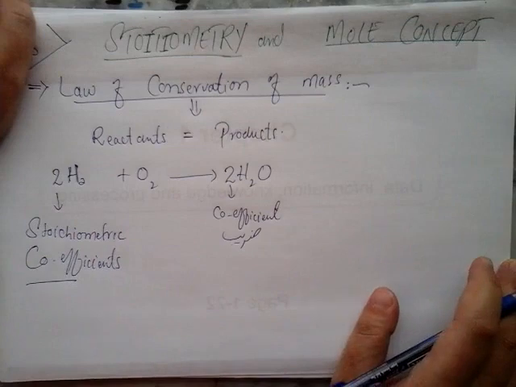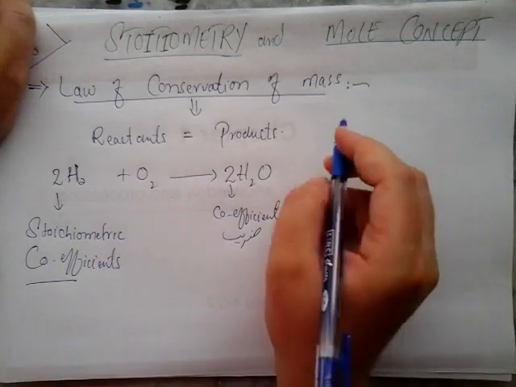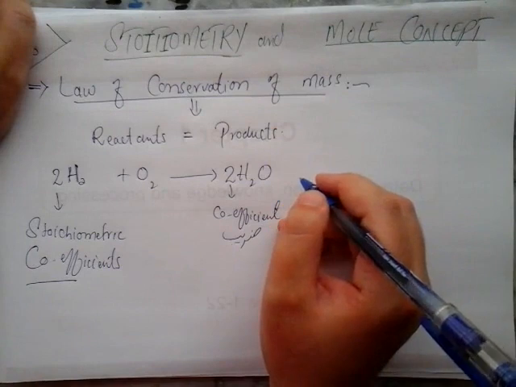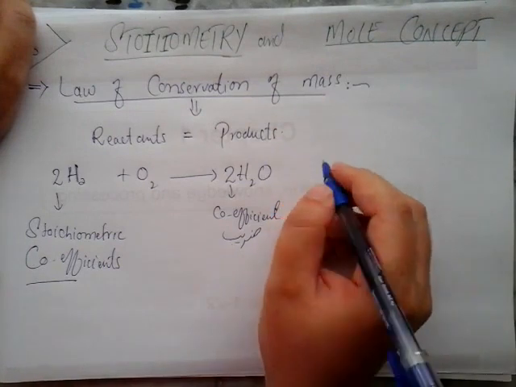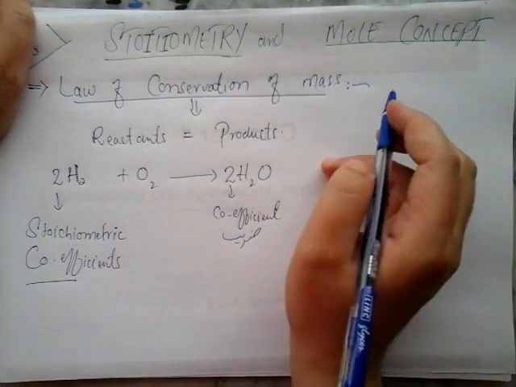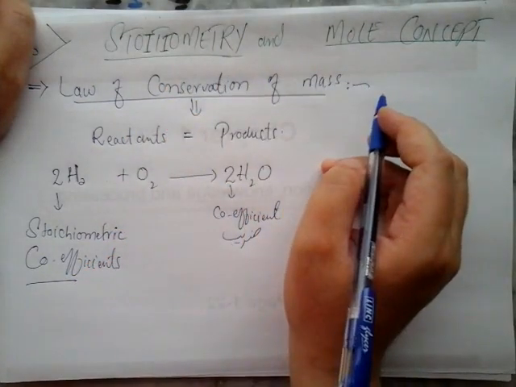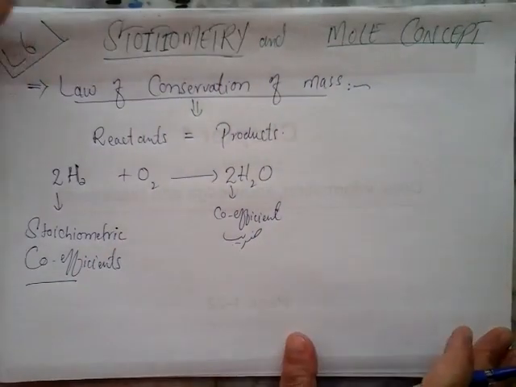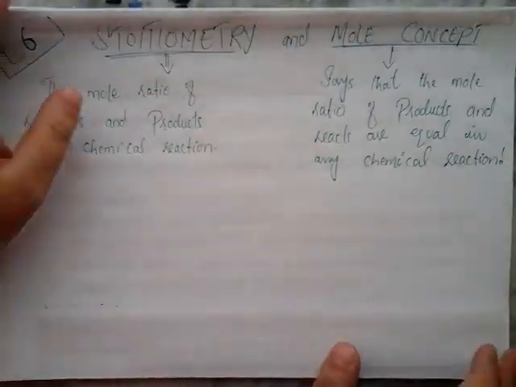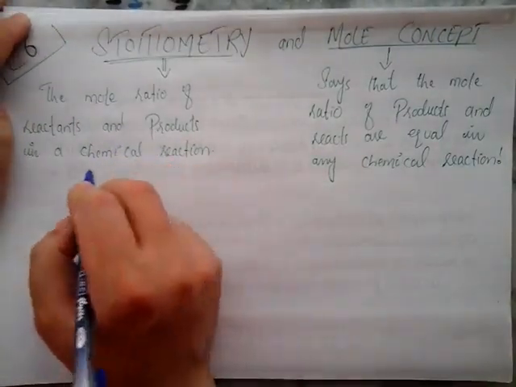So on the basis of law of conservation of mass, we will study what is the role of stoichiometry for balancing the chemical reaction. Stoichiometry can be defined as the mole ratio of the reactants and products in a chemical reaction.